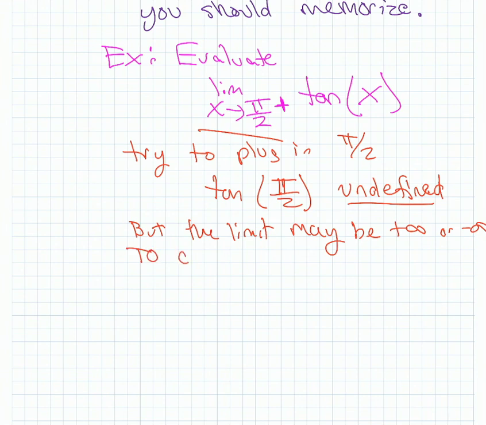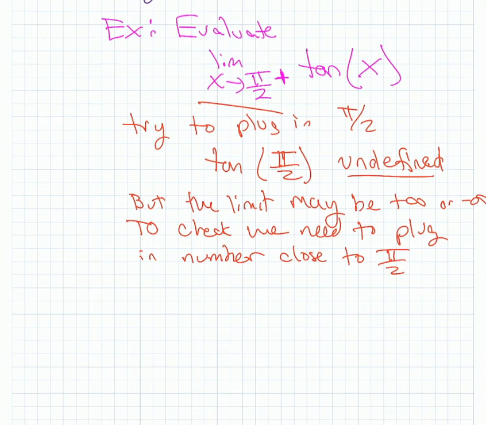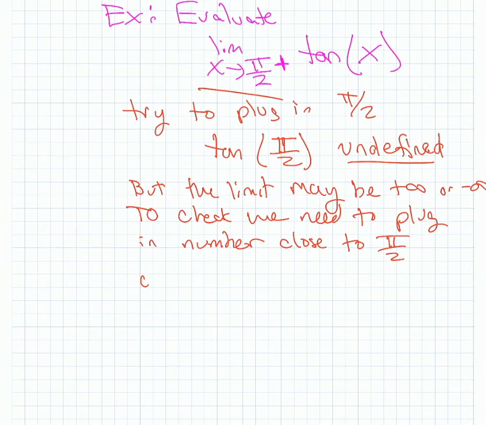To check, we need to plug in a number close to pi over 2 on what side? It says pi over 2 plus, so we're on the right-hand side, close to pi over 2 on the right.